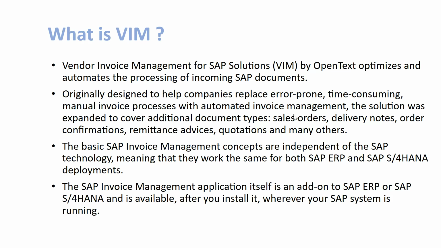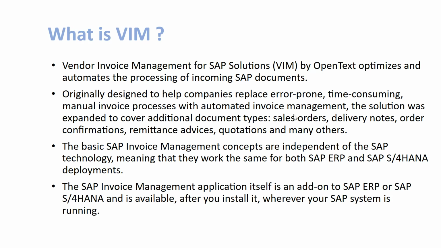now let's start with what is VIM. Okay, so VIM is Vendor Invoice Management for SAP solutions by OpenText. It is an automated tool which optimizes and automates the processing of incoming SAP documents. By SAP documents, we mean here the vendor invoices.